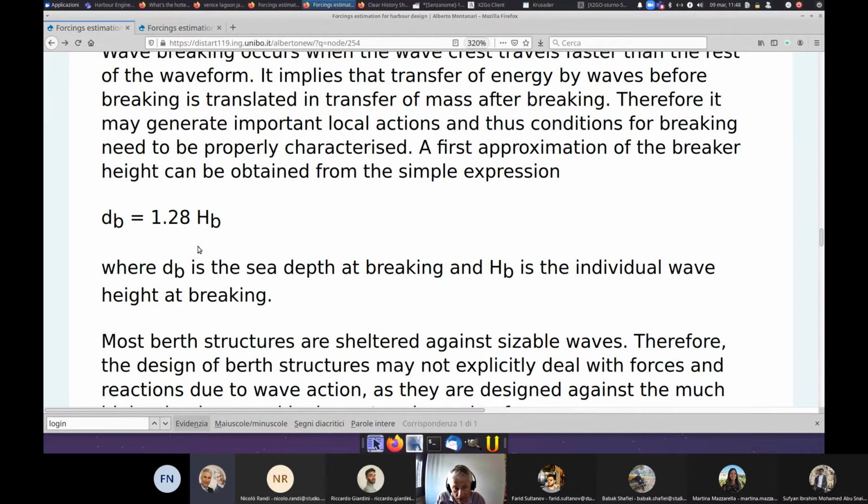It's dB, which is the sea depth at the breaking, is more or less equivalent to 1.28 HB, where HB is the individual wave height at the breaking. So once you have estimated the expected extreme wave height, we should make sure that the water depth in the harbor, in the port, is larger than dB. In this way, we avoid wave breaking.